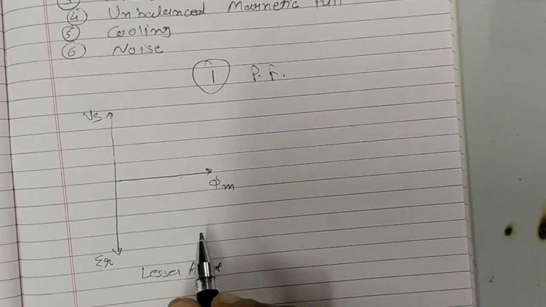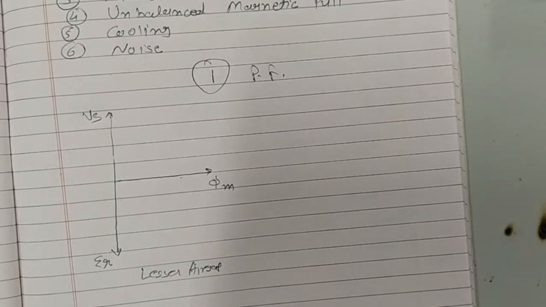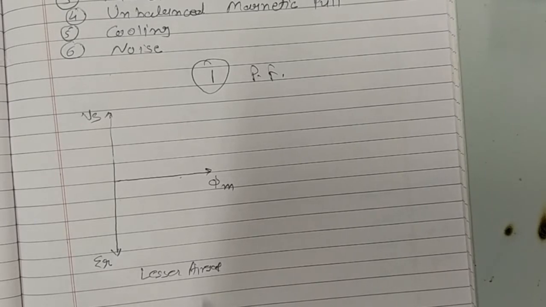If the length of the air gap is less, obviously the magnetizing current is going to be less, because the MMF required to send the flux through the air gap is directly proportional to the product of flux density and length of the air gap. And even for smaller flux density, the MMF required for the air gap is much higher than that for the rest of the magnetic circuit or the iron parts, because the reluctance path is high in the air gap.